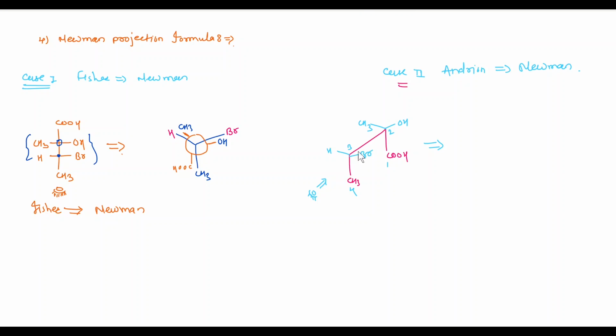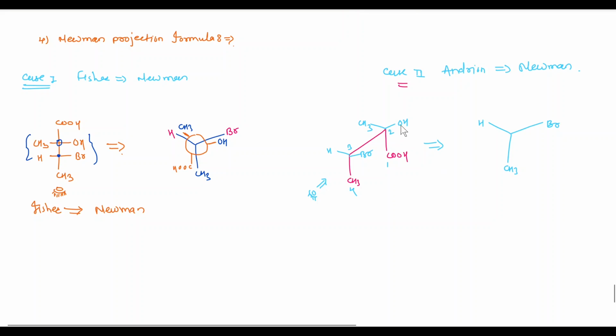During conversion of the anterior formula into the Newman projection formula, we write the triangle for carbon number 3 on the front side, and the substituents on it. The substituent at the bottom side is CH3. The substituent on the right hand side is bromine and on the left hand side is hydrogen.